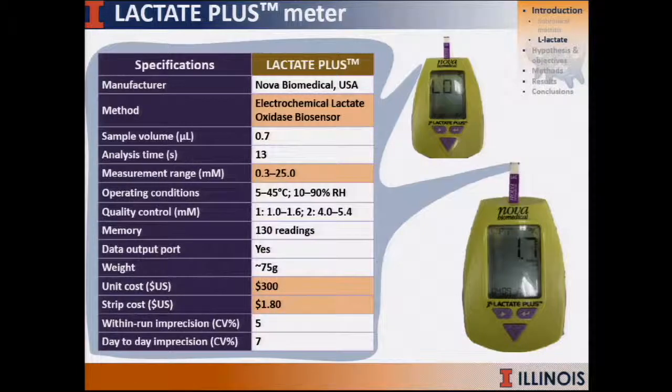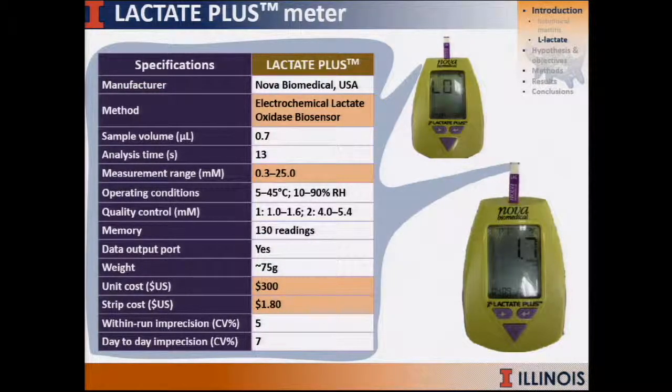Why is it popular? Because it's the cheapest meter available in the market. The cost of the strips is around $1.8. For the next meter, the strips cost around $2.5 or $3. So this is the cheapest meter available in the market.